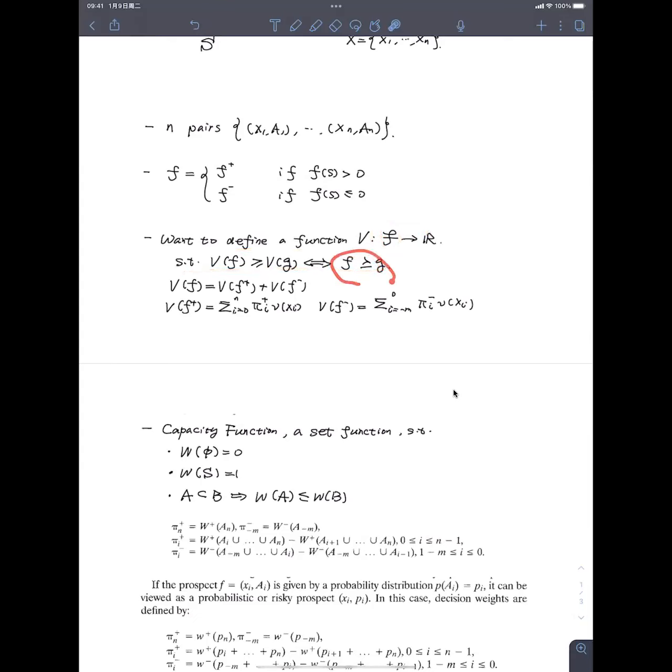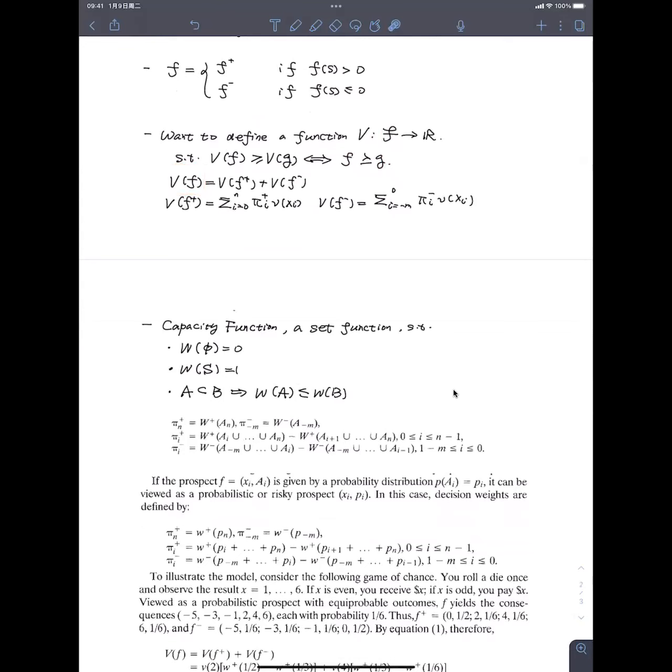For a lottery, we will separate it into the case of gains and the case of losses. So we will have two parts, and we will sum these two parts together. For each component of this function, we will measure the value based on the same methodology as before.